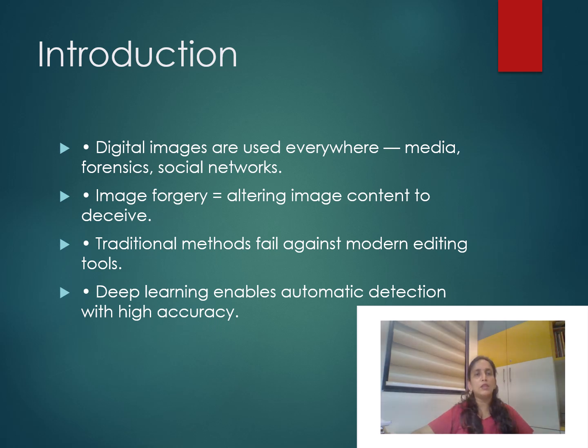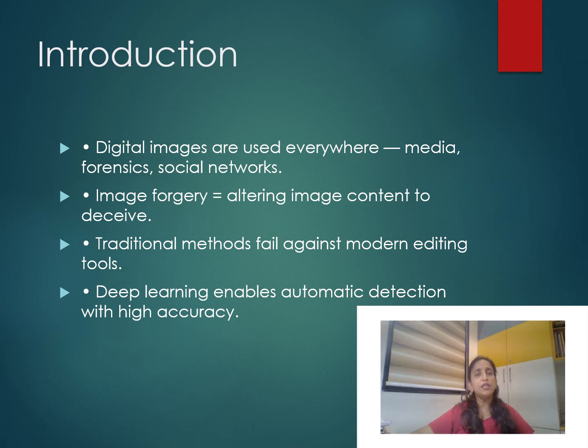So, in today's digital world, images are a key part of communication. Unfortunately, it's very easy to manipulate images using tools like Photoshop or some AI generators. Image forgery can be used to spread misinformation, fake news, or even tamper with evidence.